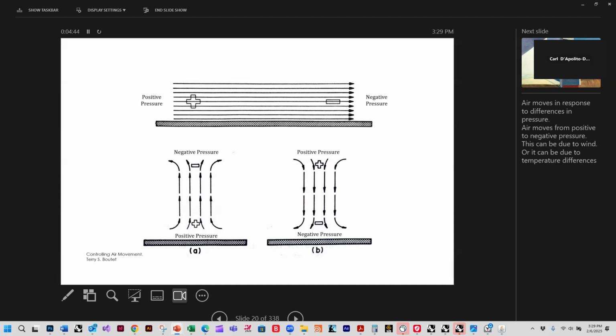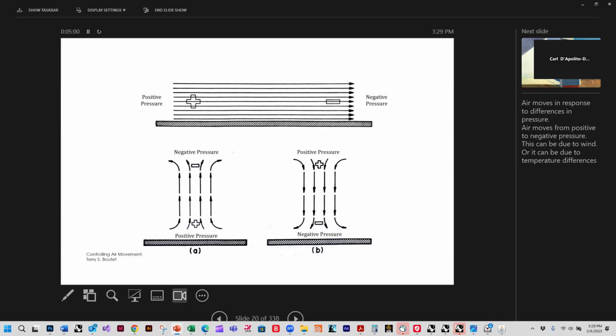I will talk about stack effect and how that actually operates. But air is either moved by wind getting blown, which is just the force of the pressure of the wind pushing it, or it's moved by basically buoyancy.